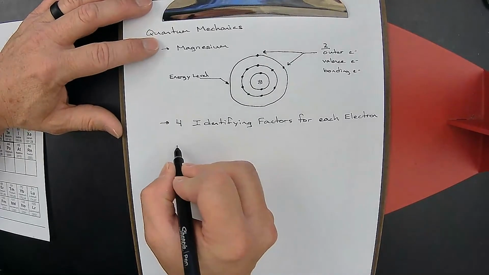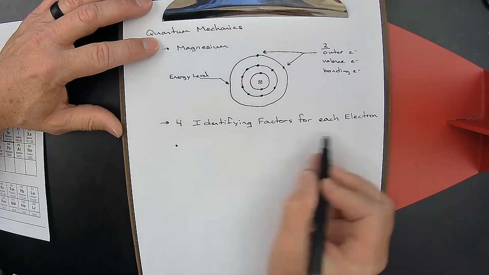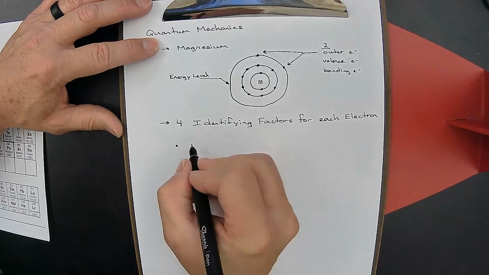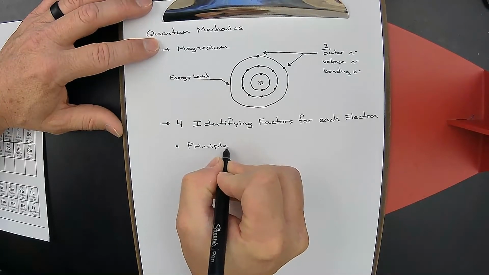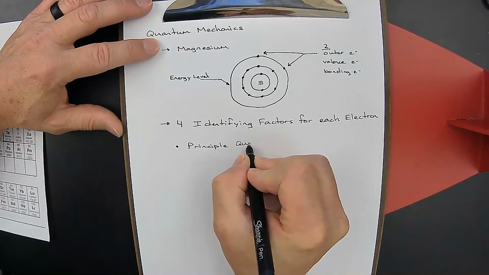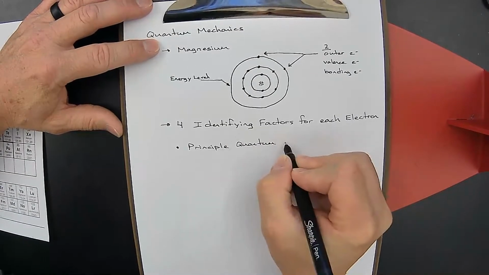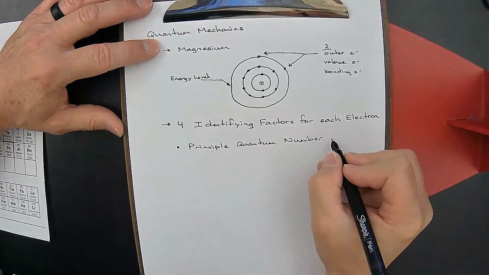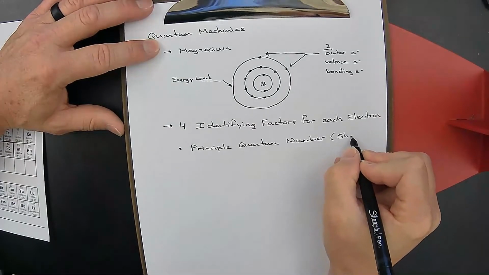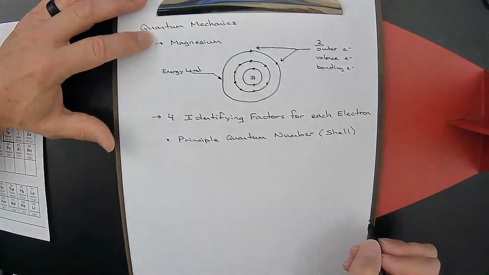The first identifying factor for each electron is called the principal quantum number. Sometimes the principal quantum number is referred to as the shell.